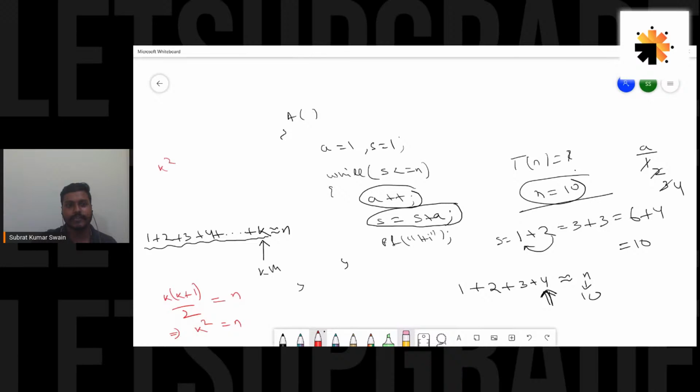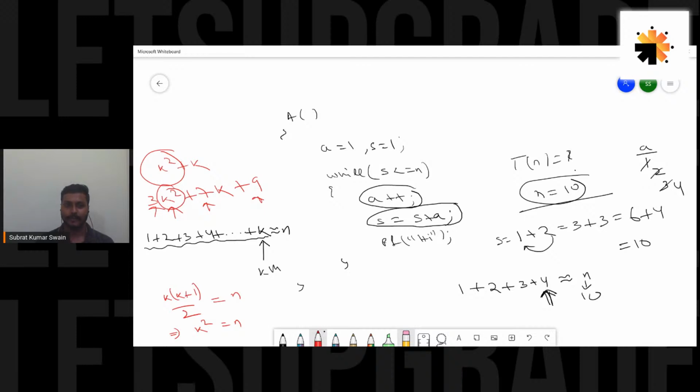If it is k square plus k, I would go with k square because it is the highest. Even if you have 3k square plus 7k plus 9, I would go with only k square. The 3, 7 and 9 are constants, so I will ignore them. The term with the highest degree is our major concern.